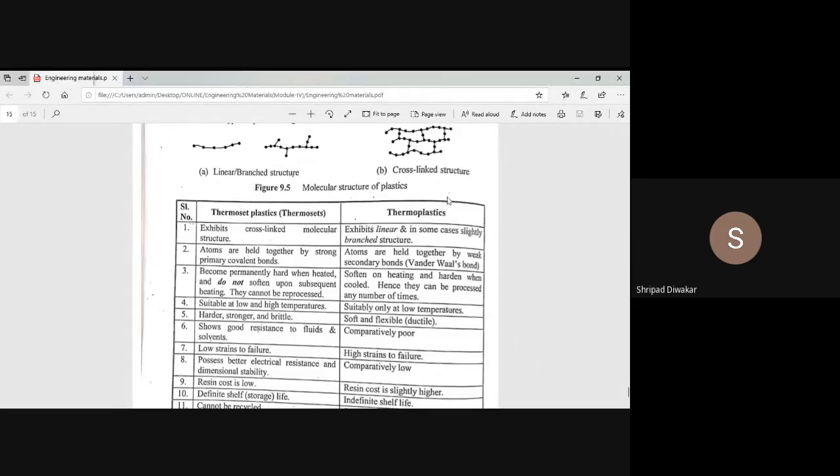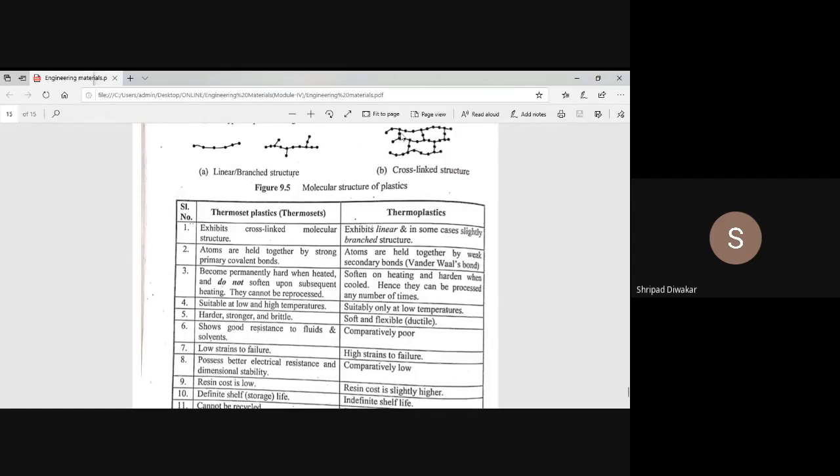Here the atoms are held together by strong primary covalent bonds, whereas in thermoplastics the atoms are held together by weak secondary bonds. They are also called van der Waals bonds.